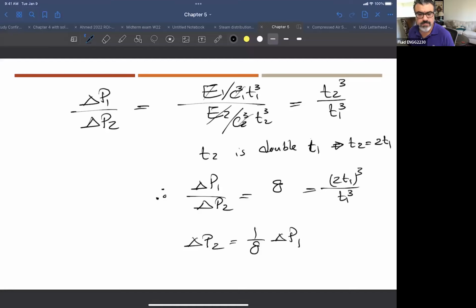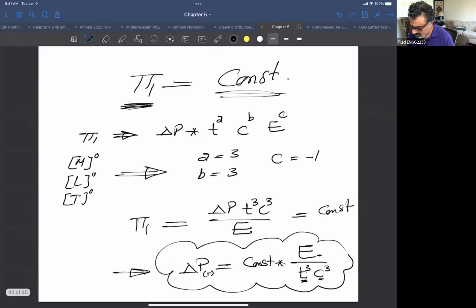Any questions? We can conclude the relation from our Pi equation. Yeah, this is what we did, the Pi equation. Is that what you mean?